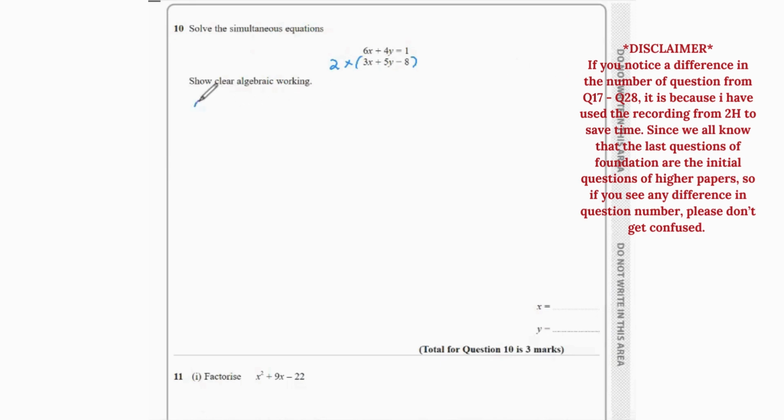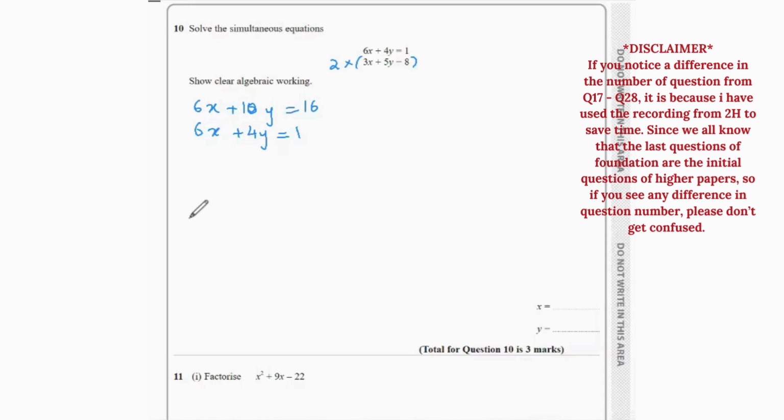So now we have 6x plus 10y equals 16. And the other one was 6x plus 4y equals 1. Now, since x has the same coefficient, we need to check whether it has the same sign or opposite sign. Since x has the same sign, to eliminate x we need to subtract the equations.